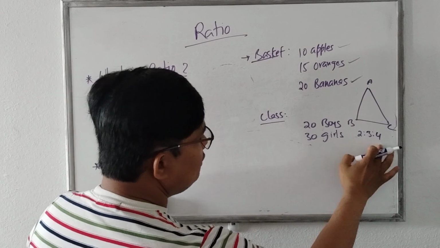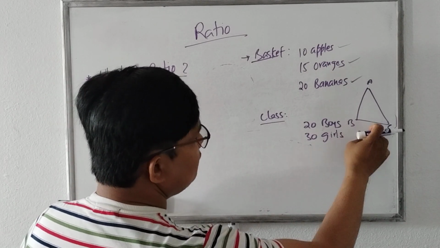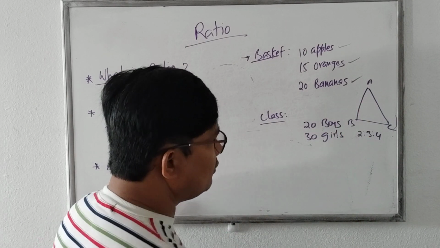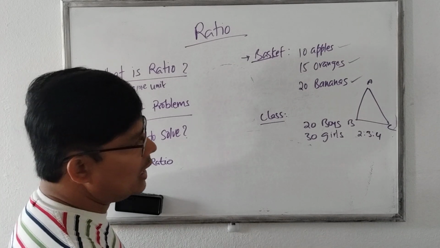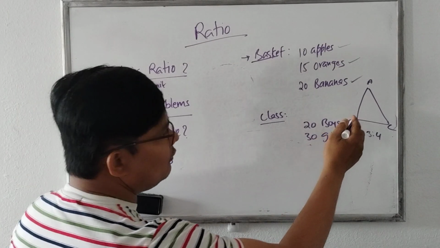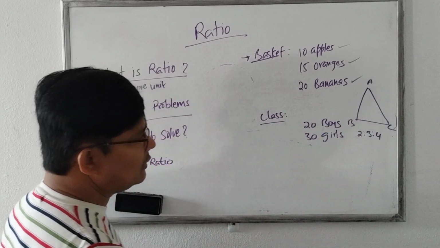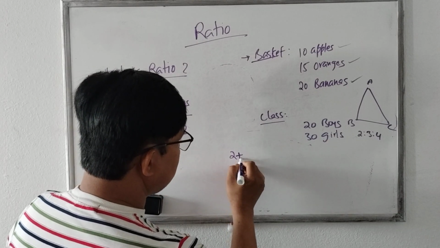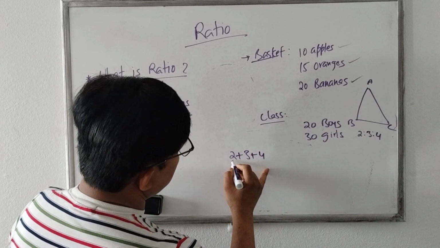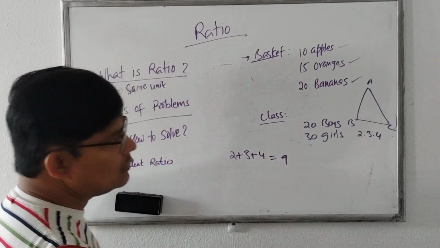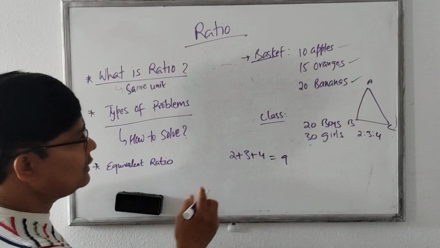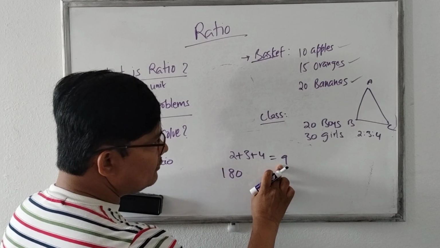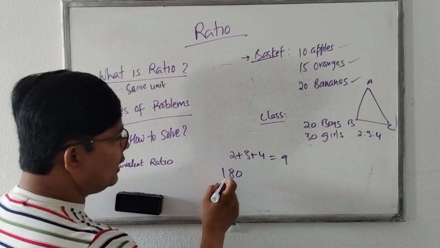You are told the ratio of angles of the triangle is 2 to 3 to 4, and you have to find the actual value of angle A, angle B, and angle C. What you have to do is take the sum of the ratio, 2 plus 3 plus 4, which is 9, and you know the sum of all angles in a triangle is 180 degrees.